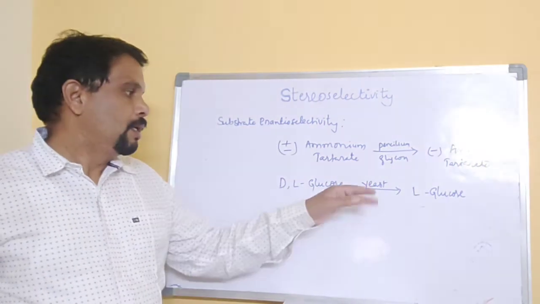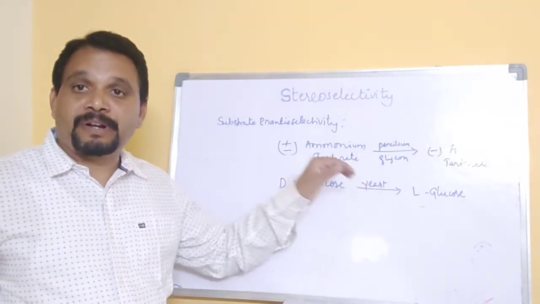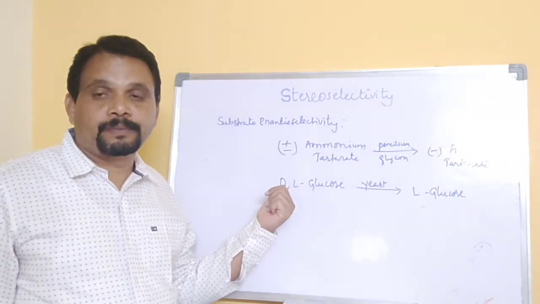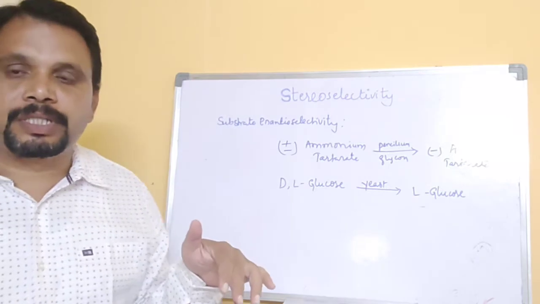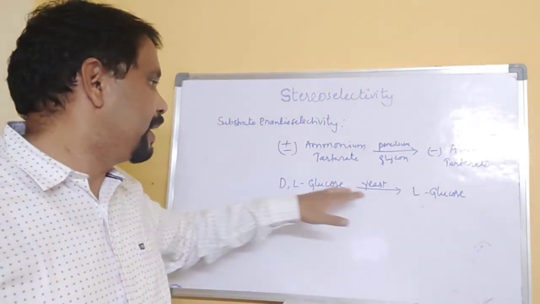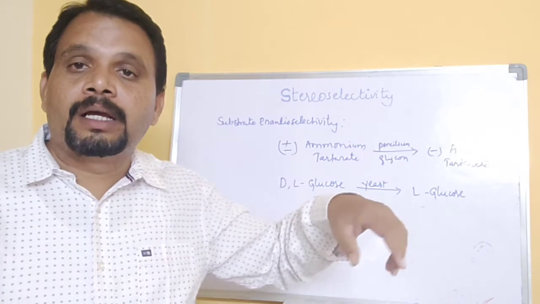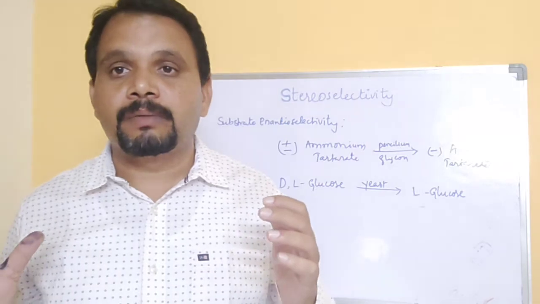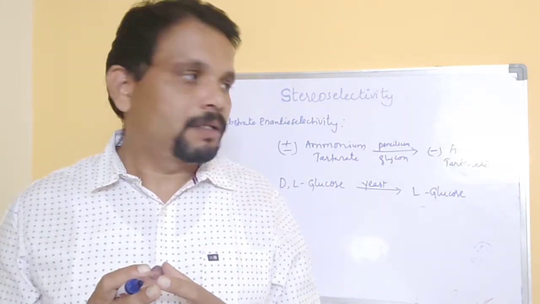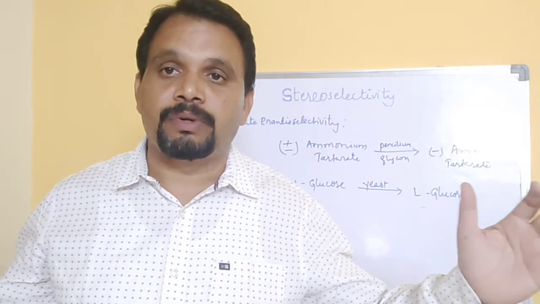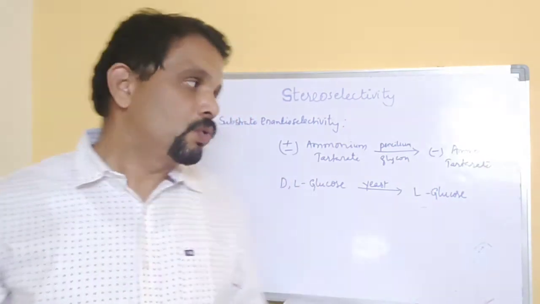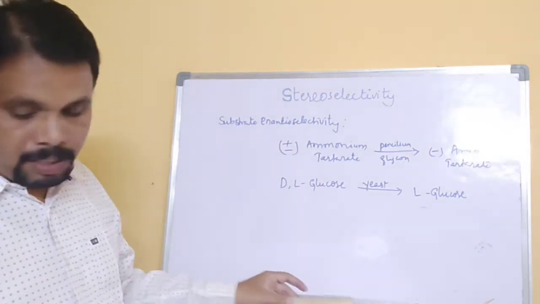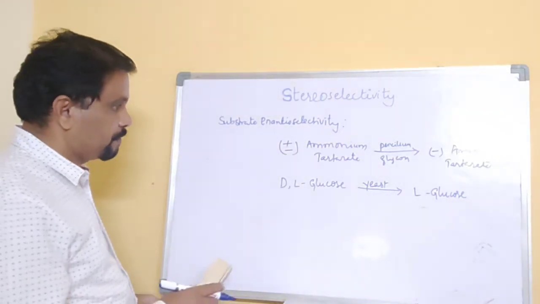That means the yeast predominantly reacts with D glucose and gives the corresponding product, and it does not react with L glucose, so after the reaction you can isolate both stereoisomers individually. So this is called a substrate enantioselective reaction.